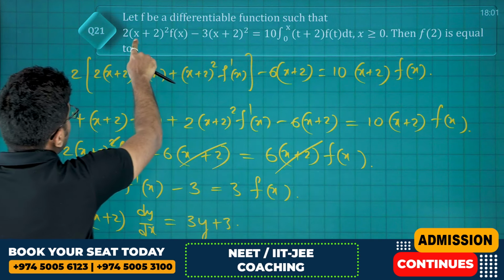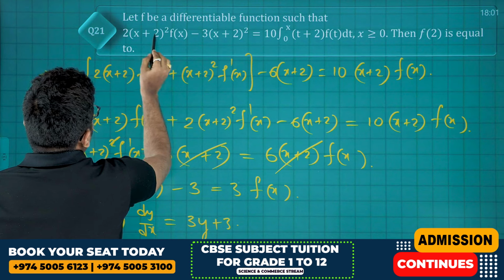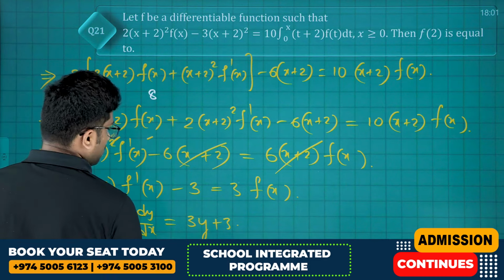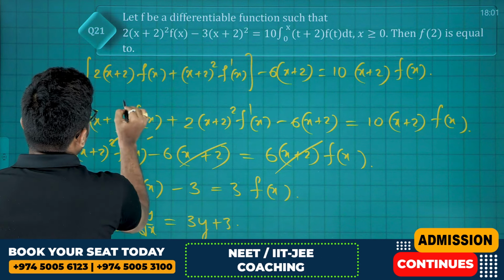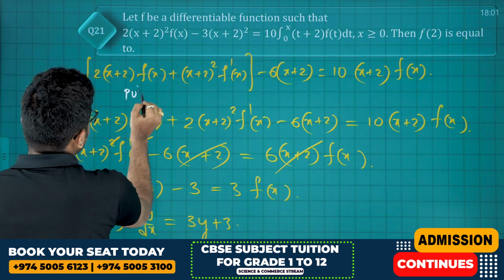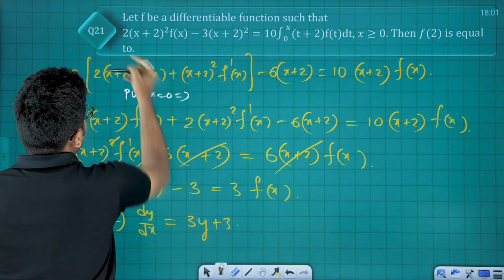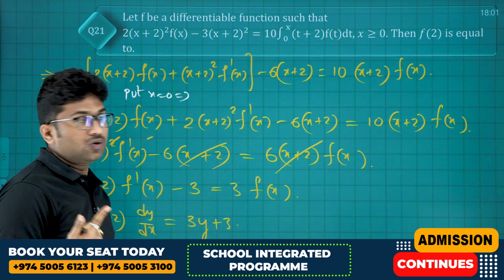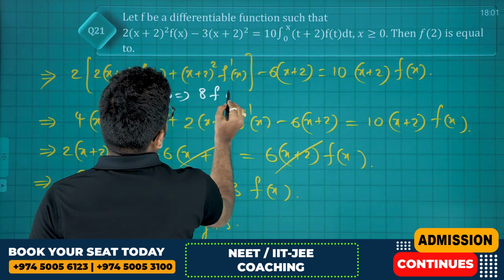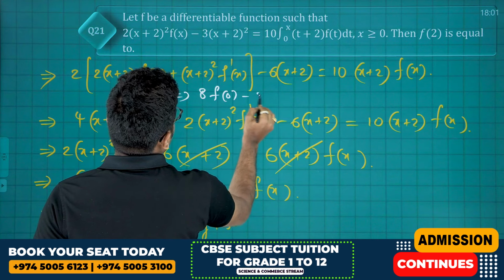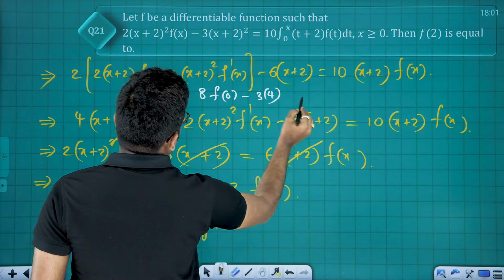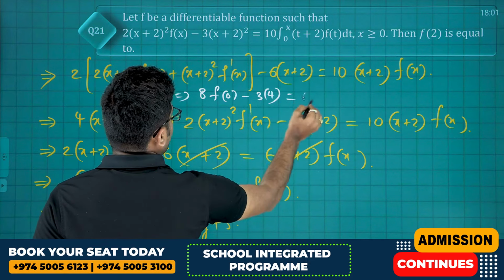If you put x equal to 0, 2 into 2 square is 4, 4 2s are 8. So 8 into f of 0 minus 3 into 4 is equal to the integral from 0 to 0, which means 0.